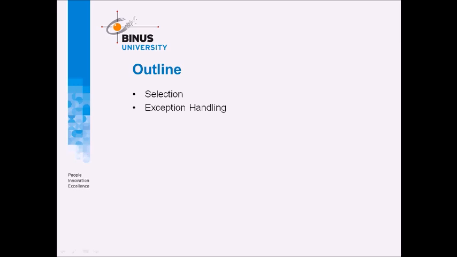So the program will not return error, but instead you can choose what the program will do when it encounters some error. So in this video I will use another case similar with the previous one.